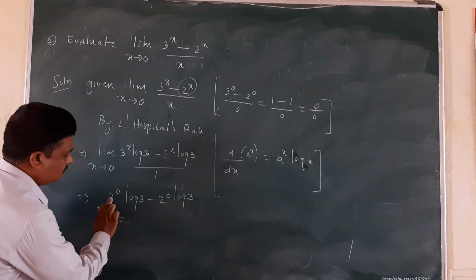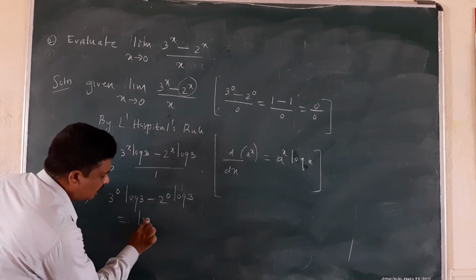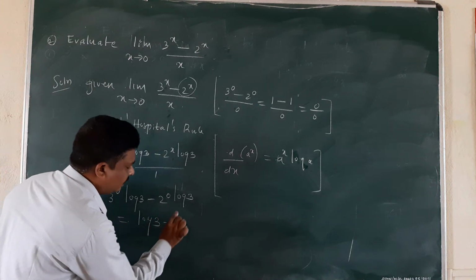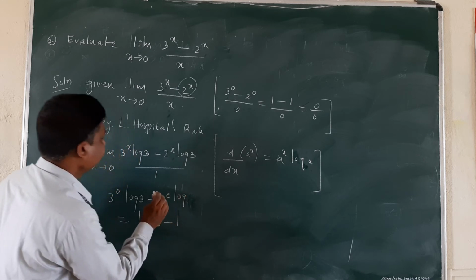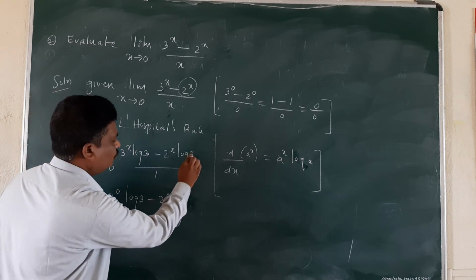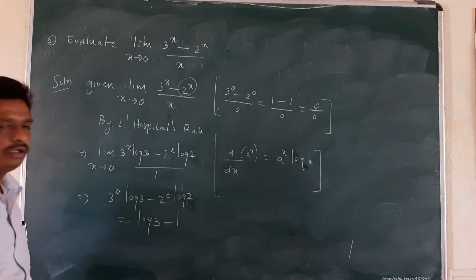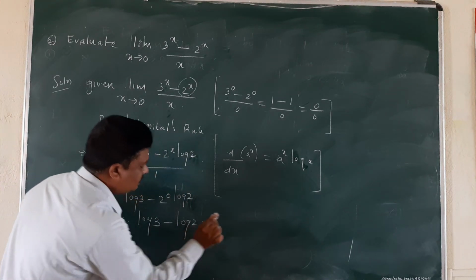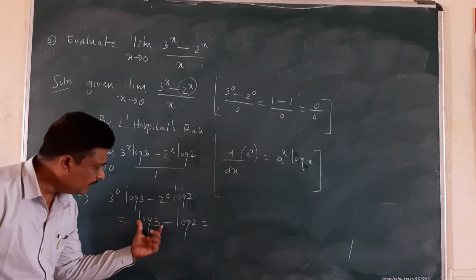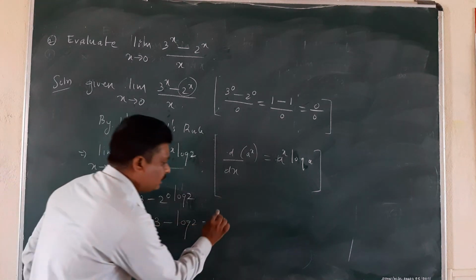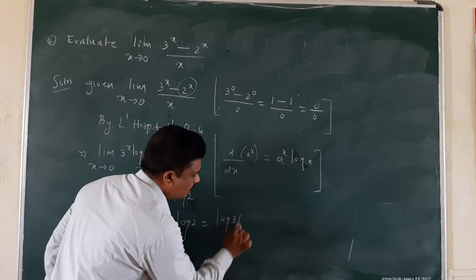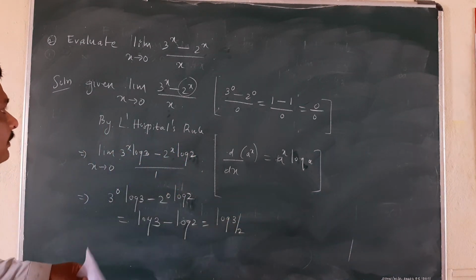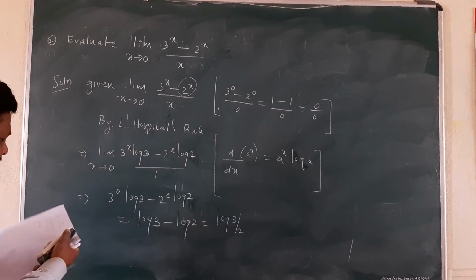So this implies 3 raised to 0 is 1, remaining is log 3 minus 2 raised to 0 is 1, log 2. So this is log 3 minus log 2. We know that log a minus log b is log a upon b. So this is our required answer. We'll take one more example on this.